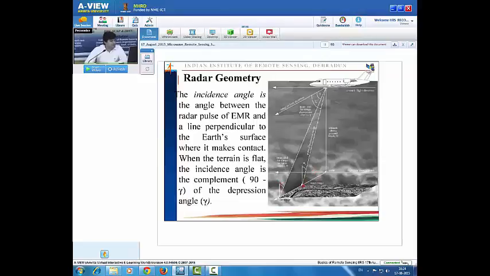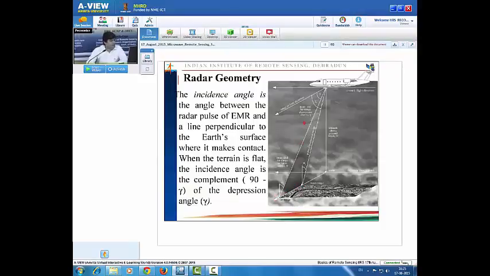When we talk about the near range, the point near to the nadir, there will be one angle of incidence, and a different value in the far range. It means that the angle of incidence for each and every pixel will be different, varying from near range to far range.